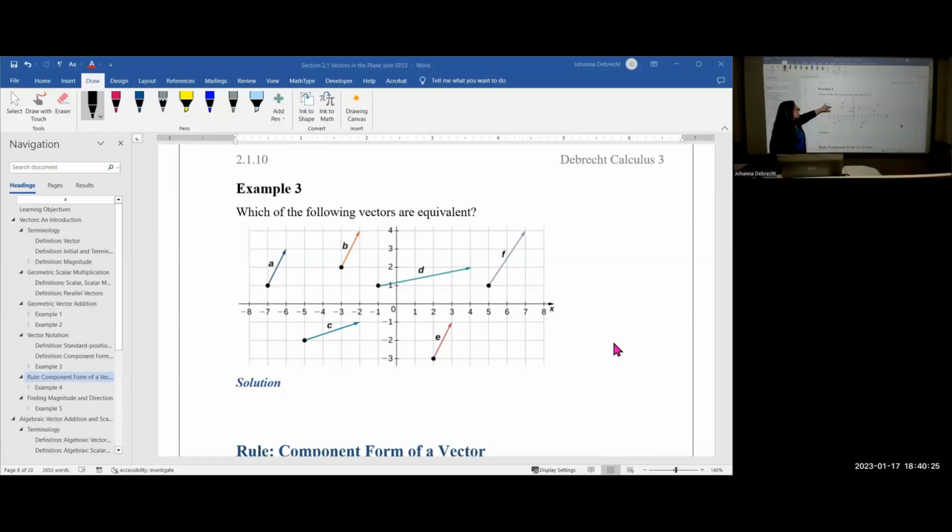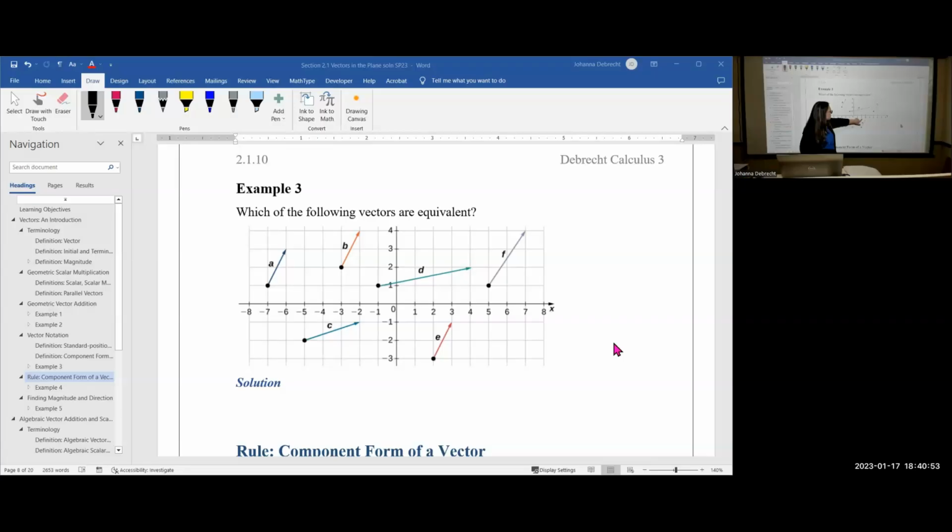So A is up 2, right 1. B is also up 2, right 1. So A and B are definitely equivalent to each other. D is obviously not parallel, so it's not. F goes up 3, not 2, so it's not going to be equivalent to A, B, or D. C goes up only 1 and right 3, so it's not equivalent to any of the ones up here.